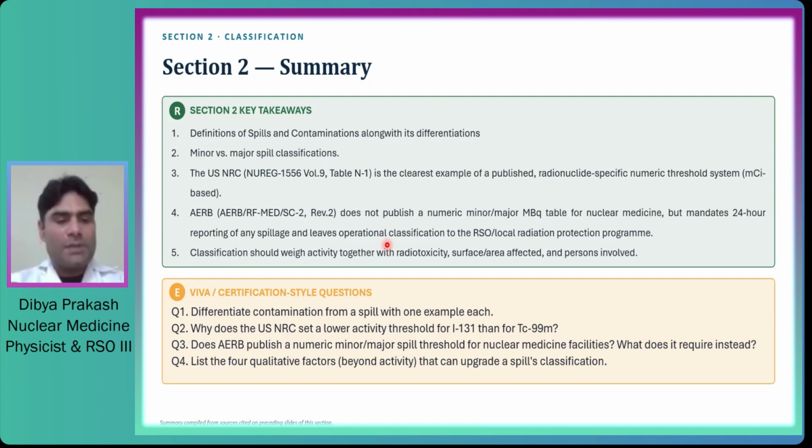The third question can be: does AERB publish a numeric minor or major spill threshold for nuclear medicine facilities? What does it require instead? And you can be asked to list all four qualitative factors which can upgrade a spill from minor to major. So this you can answer.